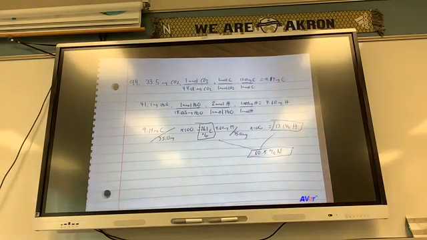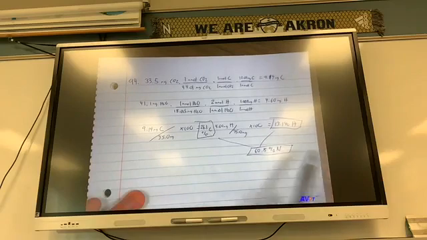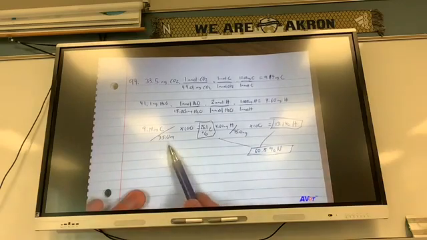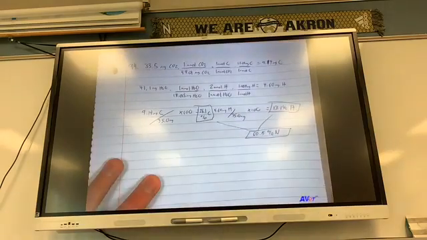Now, all of my percents add up to 100, so I'm going to assume 100 grams. You guys see how leaving it in milligrams kind of saved me a step? You got the same answer I did. If you change it to grams, it's fine.